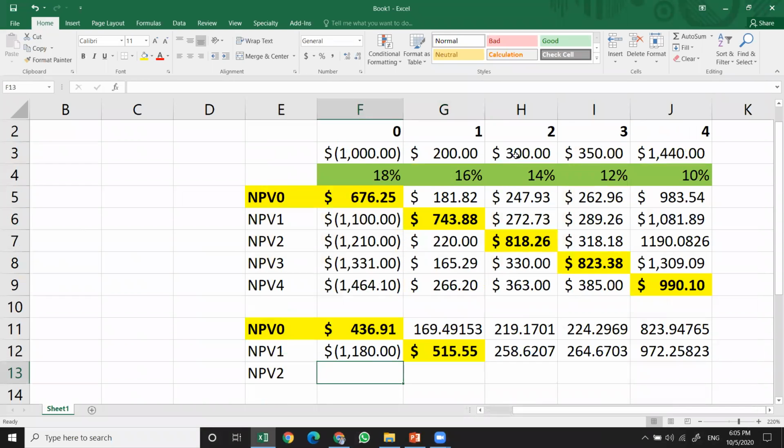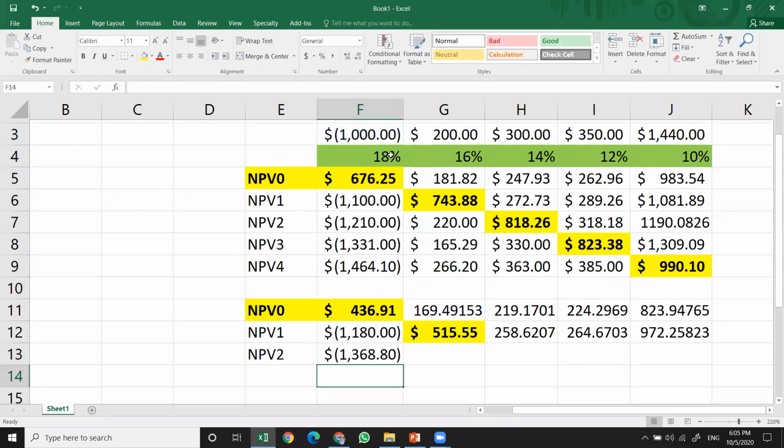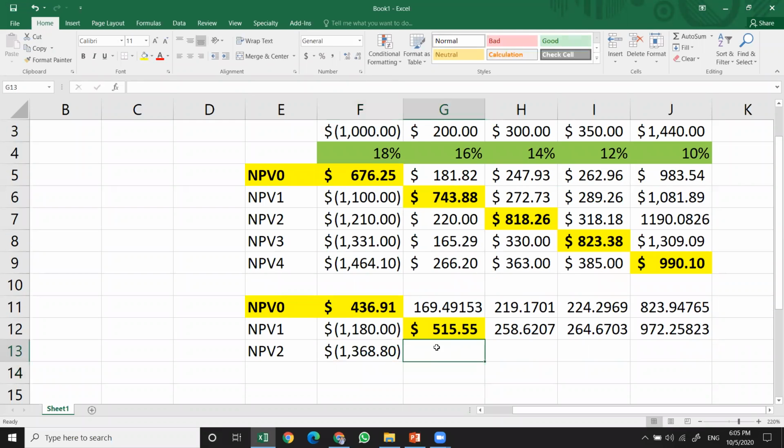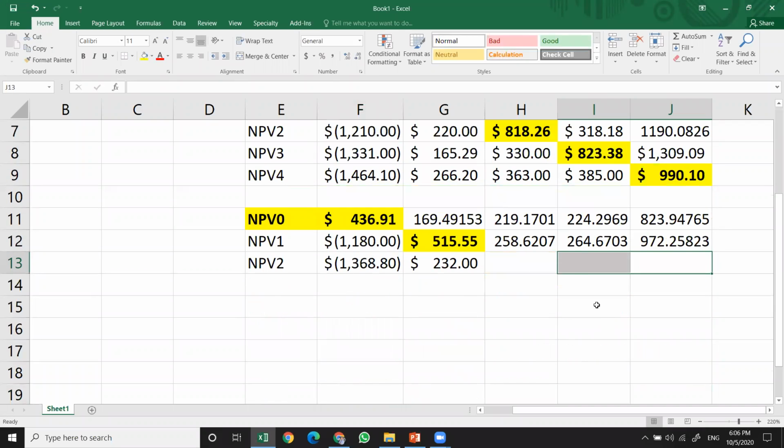And the last one, NPV2, I'm bringing everything to the year 2. So this means that 1,000 times 1.18 times 1.16. And my 200 of cash flow will be multiplied only by 1.16. And these two cash flows should be brought to year 2.